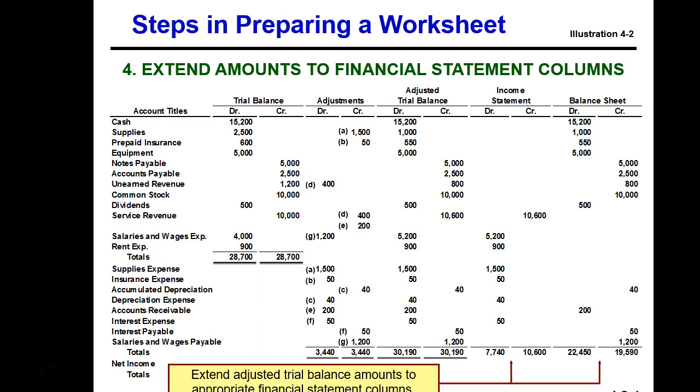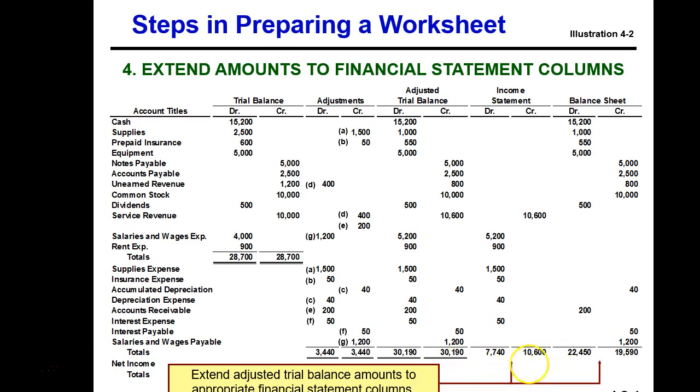You ready? All right. Next, we want to determine if we have net income or a net loss for the accounting period. So focus on the income statement section of the worksheet. The total of the debit column shows the total expenses that took place for the accounting period.